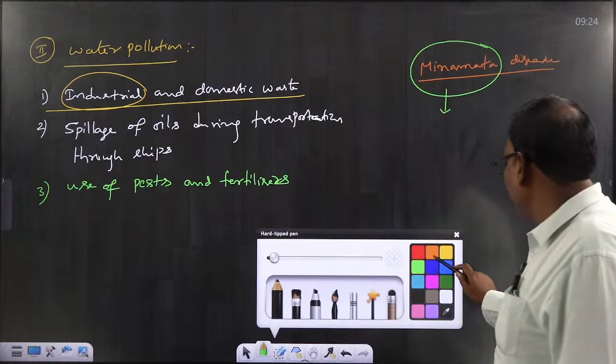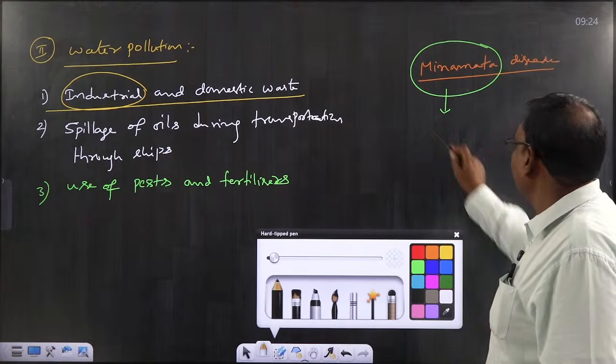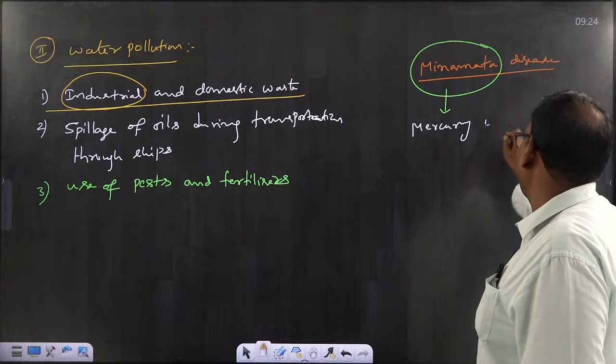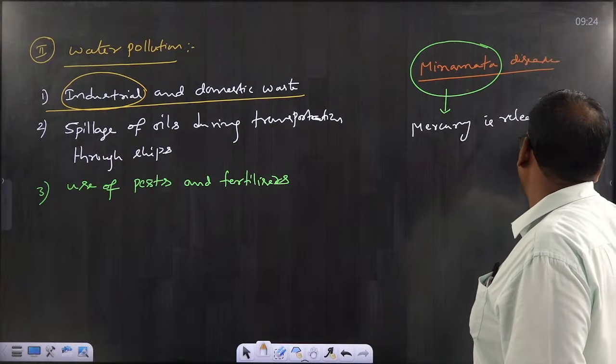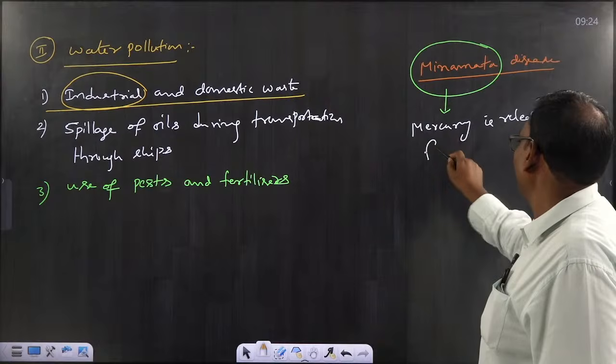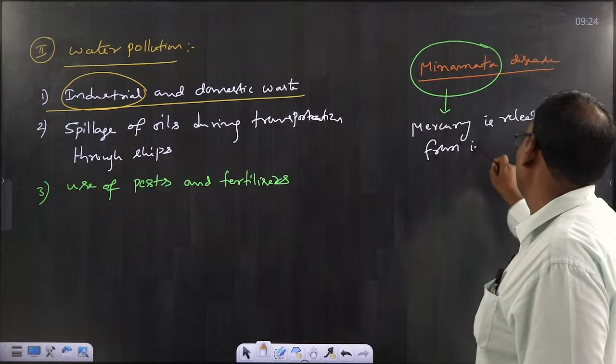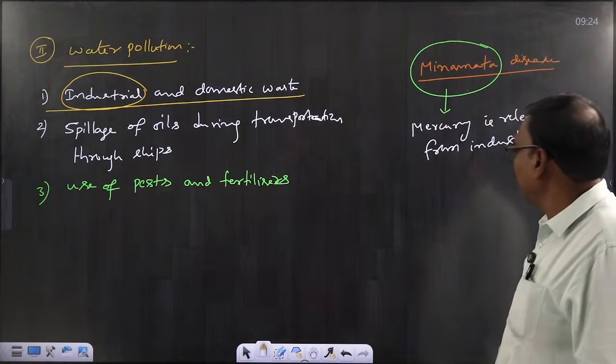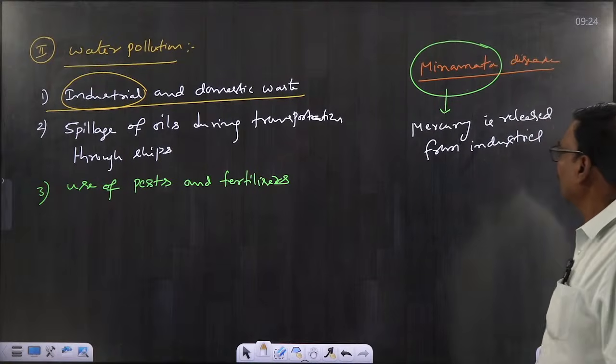Behind that bay, there is an industry which produces mercury as a pollutant. So mercury released from the industries is directly released into the seawater.